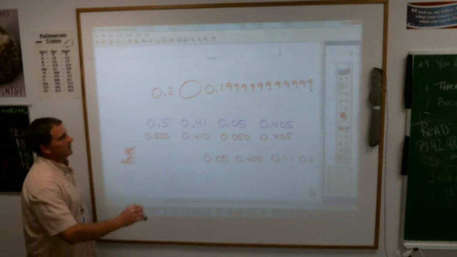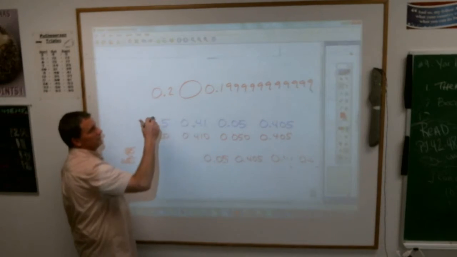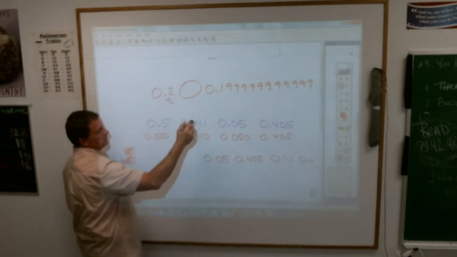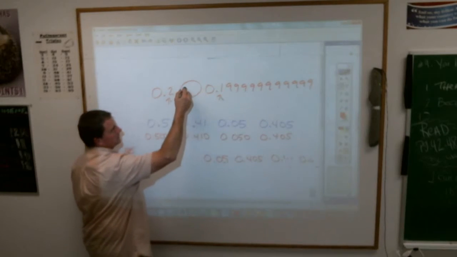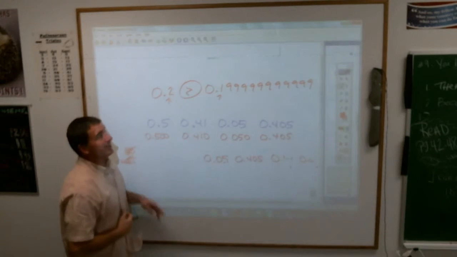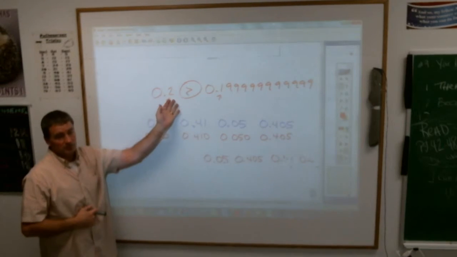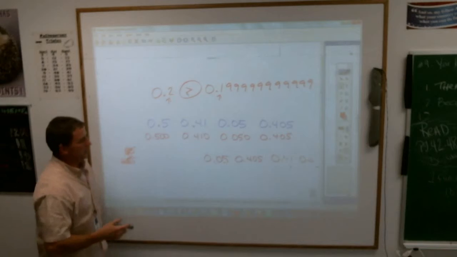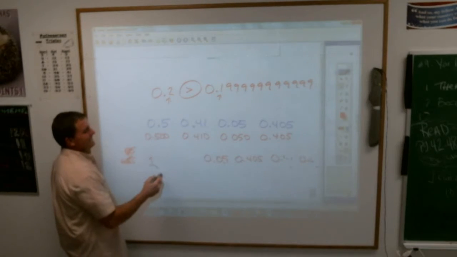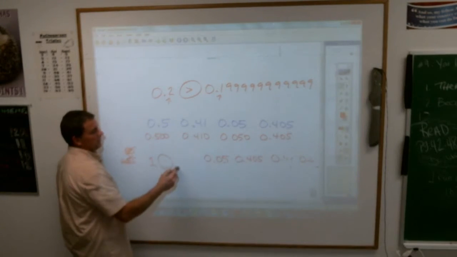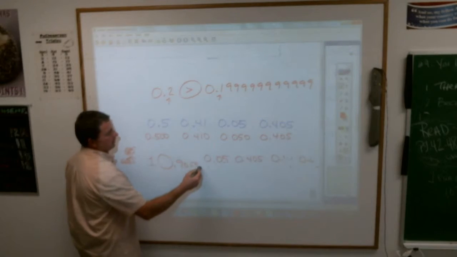Right, because really all you have to do is look at this. First place after the decimal is a 2, first place after the decimal is a 1, stop, that one's bigger, because no matter what I put after that 1, it's never going to get to be a 2. It's like the number 1 will be bigger than any single decimal number you could draw out here.